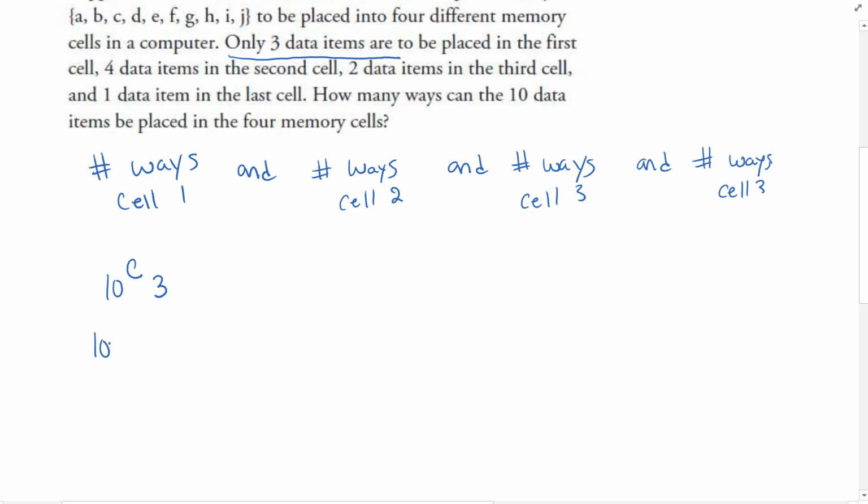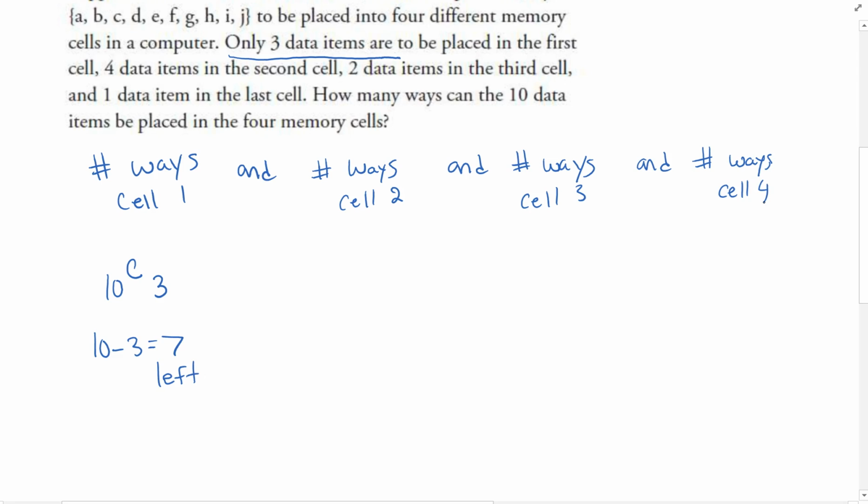Well, that means I only have 7 left to place. I'm not going to take them back out. Think about donuts in a donut box. You have 10 donuts to distribute. You've taken 3 of the donuts and put them in that box. You only have 7 left to put into box 2, box 3, and box 4.